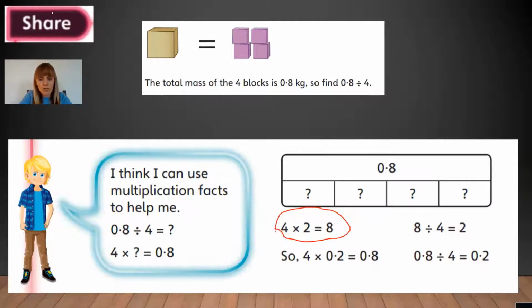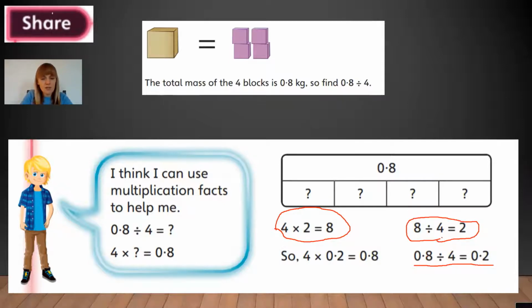We know that 4 times 2 equals 8, and we know that 8 divided by 4 equals 2. Similarly to how we handled our multiplication, we can adjust.